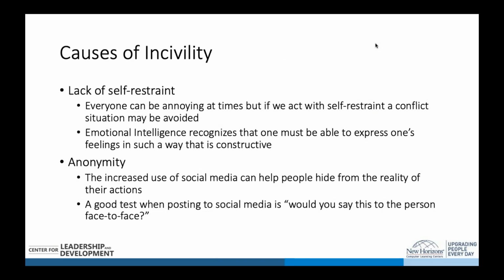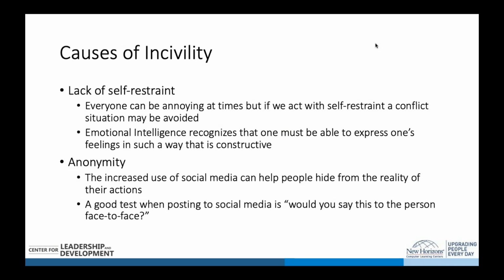Now, how we deal with our emotions, how we restrain ourselves, how we deal with that fight or flight complex that we all have when something gets really heated, and how do we react to that?